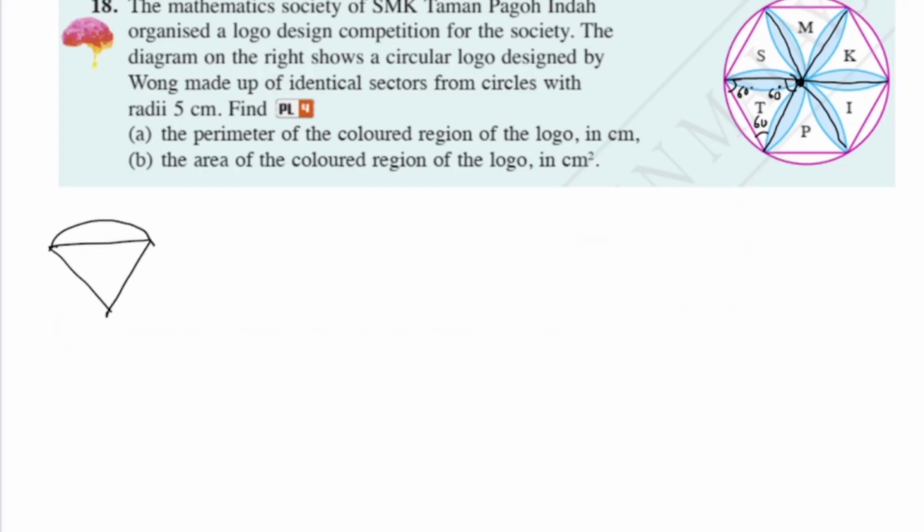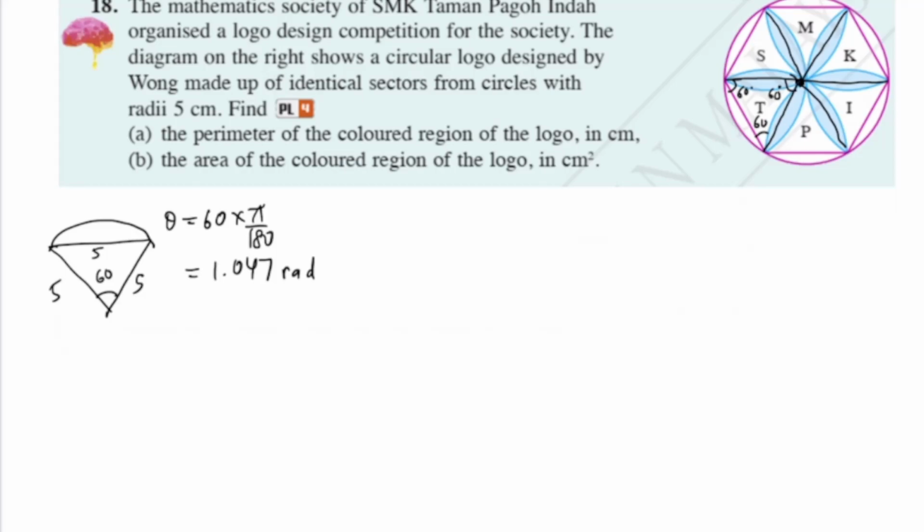This is 5, 5, and this is also 5. This is 60 degrees, so your theta is 60, but you convert to radian. Textbook likes to convert to radian using 3 decimal places: 1.047. Then you count how many color regions you're finding perimeter of.